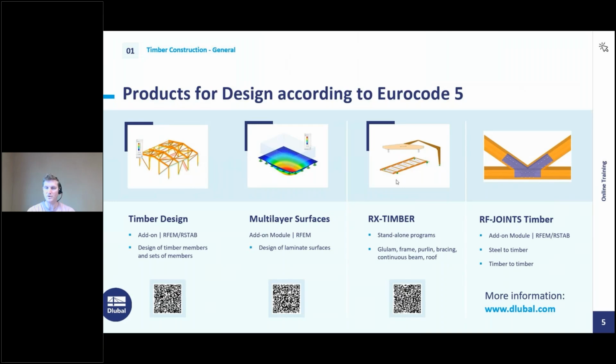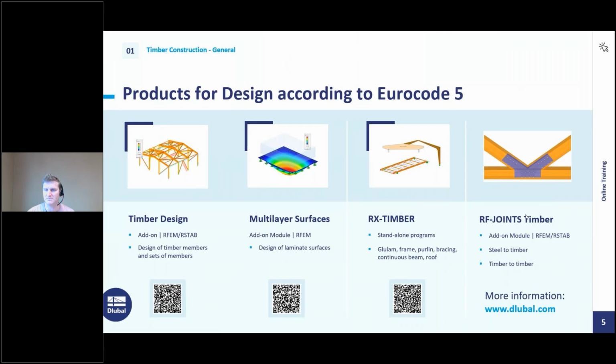Then there are a few older add-ons which are based on RFEM 5. Here is our standalone program RX Timber, which is still valid since the Eurocode is still valid, so you can use it until the new Eurocode is introduced in maybe 2027.